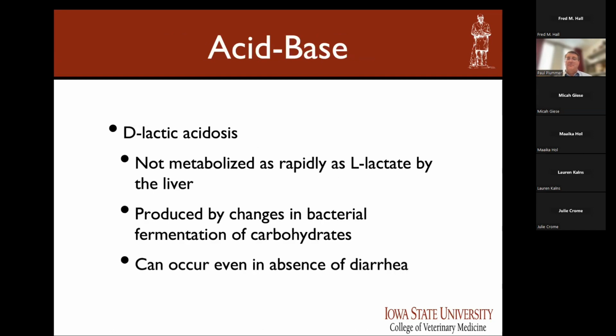And I want to briefly talk about one of those because this is really important in the context of some of these pathogenic neonatal diarrhea organisms. These bacteria produce what's called D-lactic acid. And D-lactic acid is different from the lactic acid that we produce in humans.